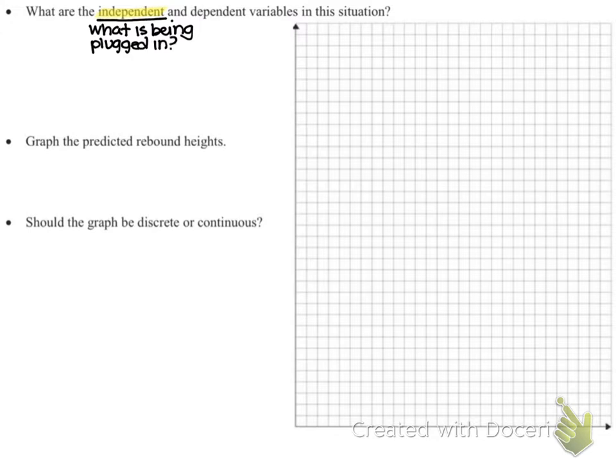And I'm thinking about the equation. Well, the thing I keep plugging in is n. So I would say that the independent, in this case, actually in most cases, is the input. So independent input. So that's the n, but n represents the number of bounces. So the bounce. So number of bounces.